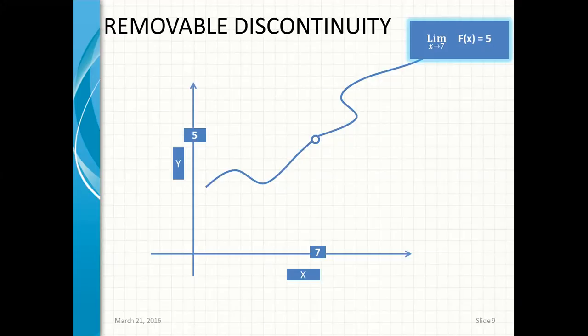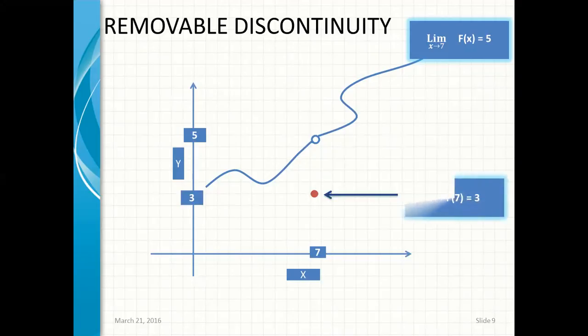When x is exactly equal to 7, I mark a point on the graph, and this corresponds to y equals 3. So here again I can say that f(7) equals 3. Now since the limit as x tends to 7 of f(x), which is 5, is not equal to f(7), which is 3, therefore I can say that this function is discontinuous.